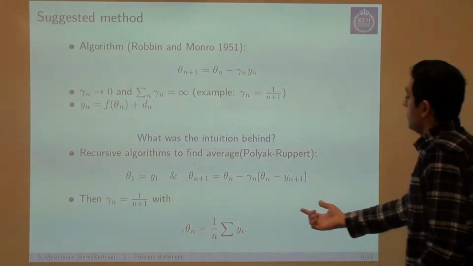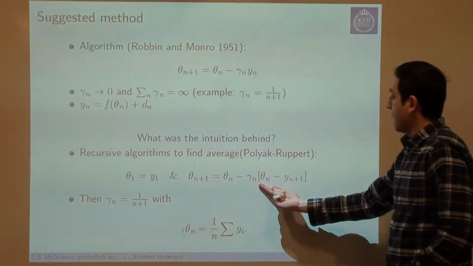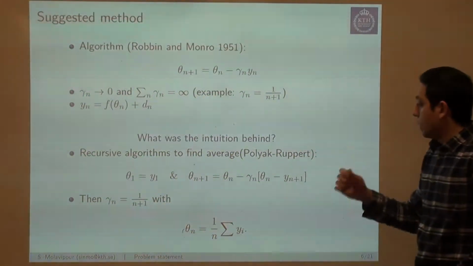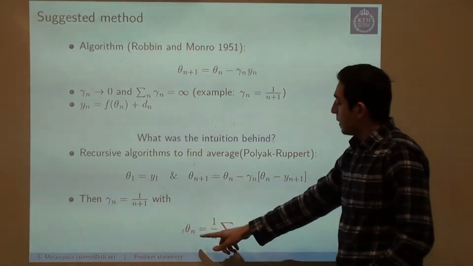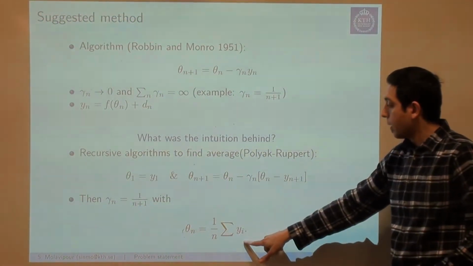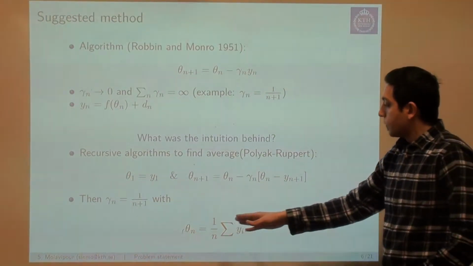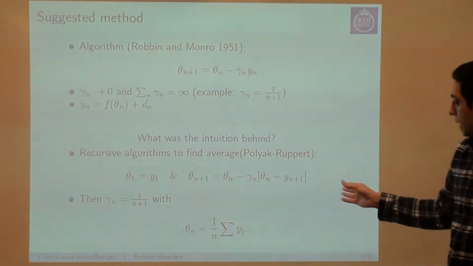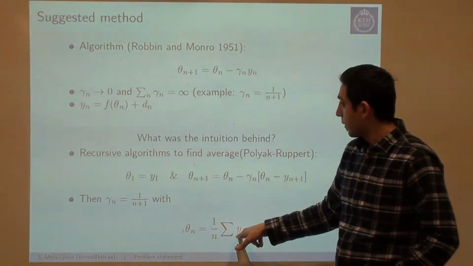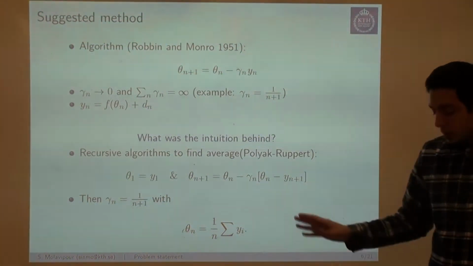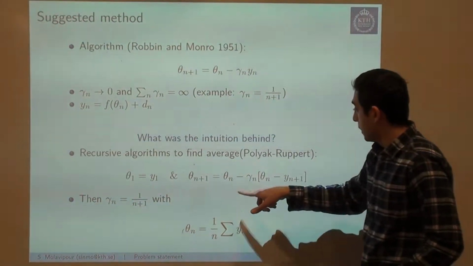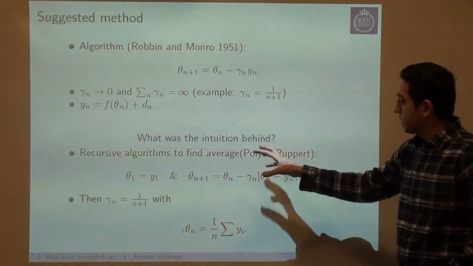If I do this iterative algorithm, and I take gamma n to be 1 over n plus 1, then theta n at each step would be 1 over n times the sum of these yi. And then asymptotically, it goes to the mean of these yi. If you just insert 1 over n plus 1 here, you can see that this is happening.